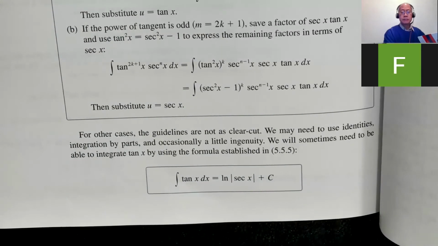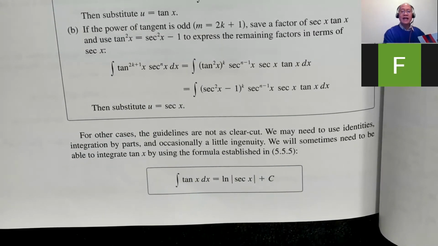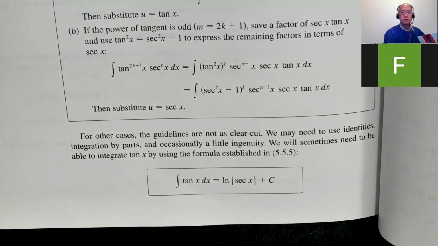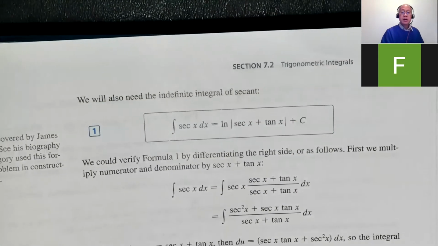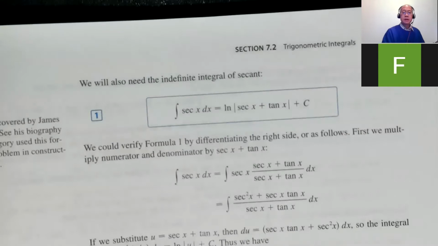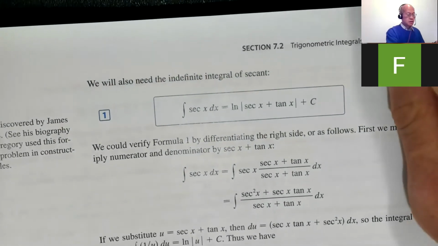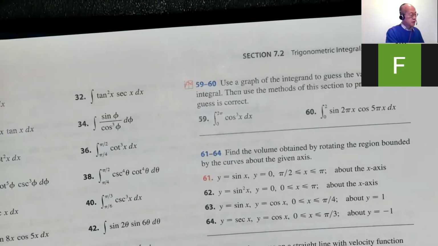Put that in your cheat sheet. Or you can have negative ln absolute value of cosine that I mentioned before. Integral of secant, ln absolute value of secant x plus tangent x. So that's that.